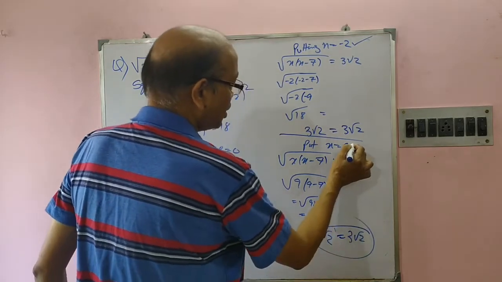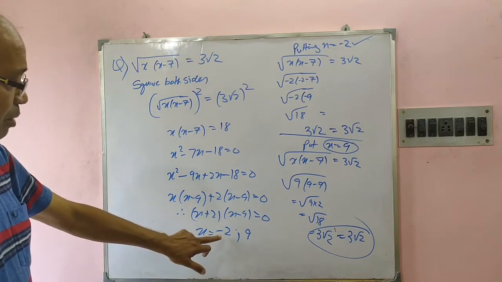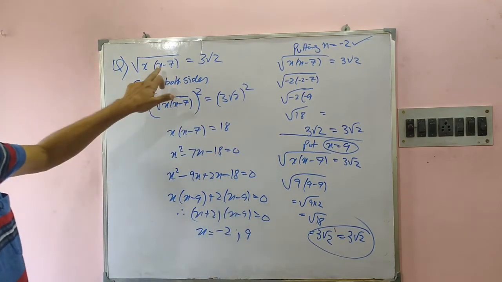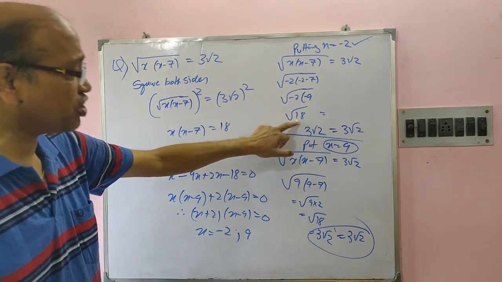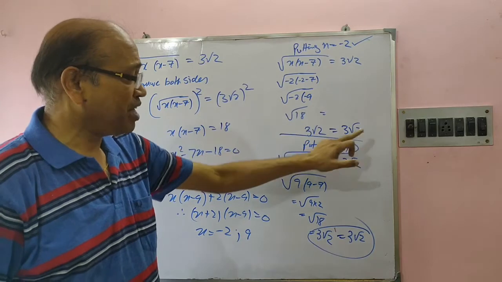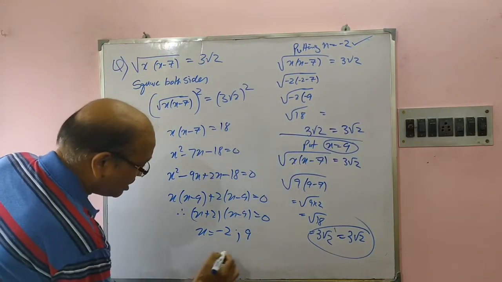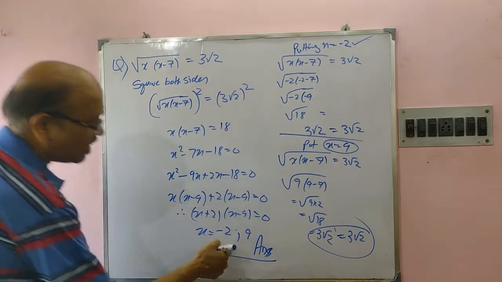Therefore x equals 9 is also an answer. It doesn't mean that the minus value we have to remove. We have to put these values in the equation and see if we get the positive value of the square roots the same, then your answer is correct. Therefore for this your answers are both minus 2 and 9.